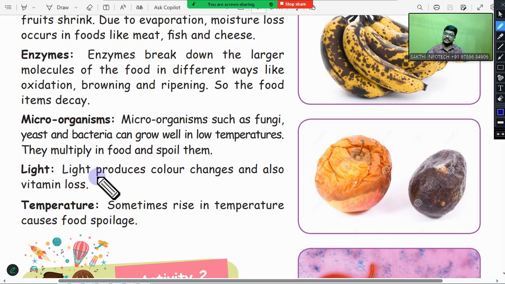Next one, light. Light produces color changes and also vitamin loss.